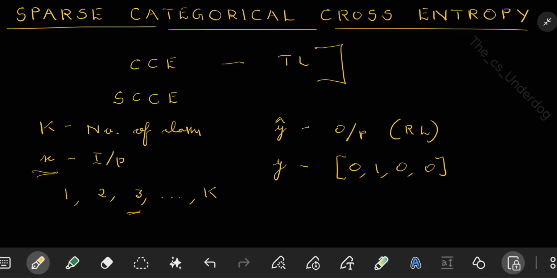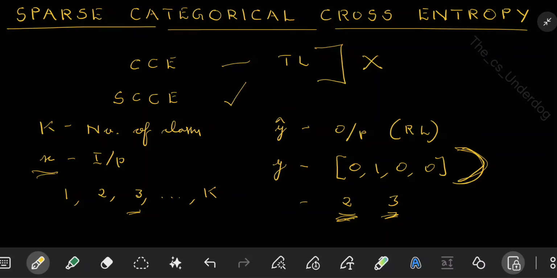So instead of this, let us say my Y value is 2, which says it belongs to class 2, or maybe class 3, which means it belongs to class 3. In this case, instead of a one hot vector, if I just have the true label as an integer, then instead of categorical cross entropy, you will be using sparse categorical cross entropy loss.